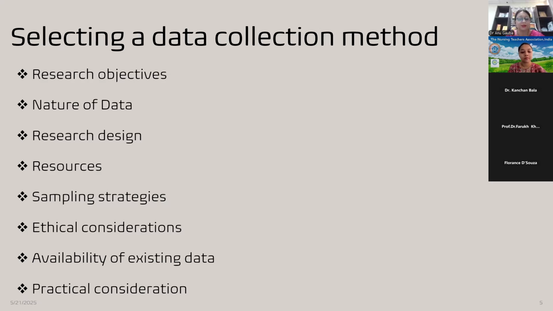So that matters. Second one is the nature of your data, your research design. What type of research you want to go for: a quasi-experimental study, a pre-experimental study, or a descriptive study? So what type of study you want to go for, right? By keeping all these things in mind, you have to go for a data collection method.